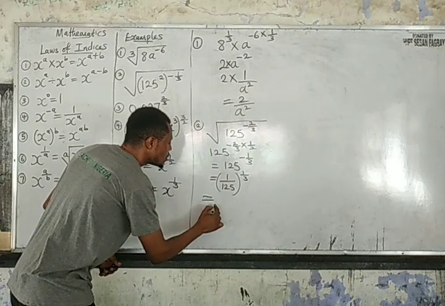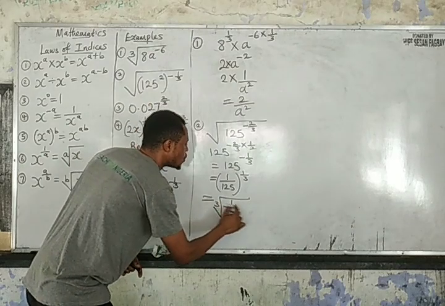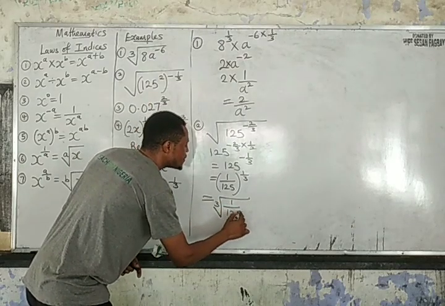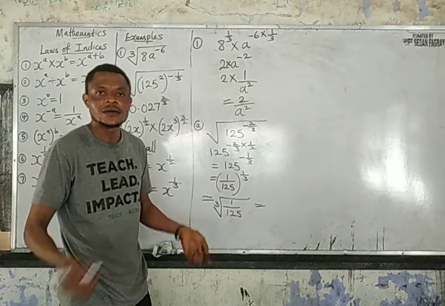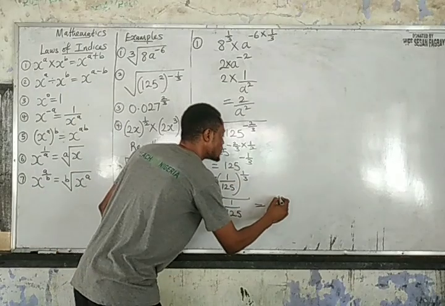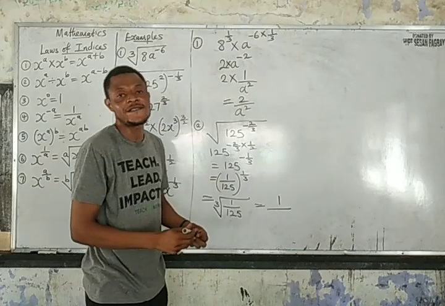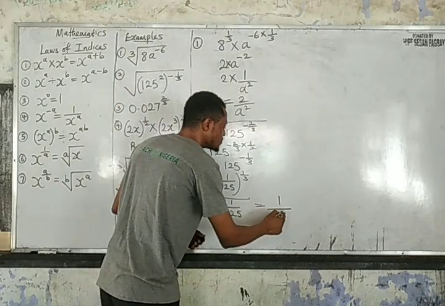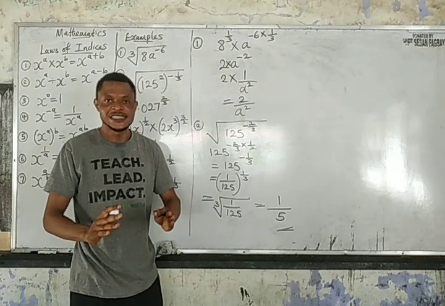So we have the cube root of 1 over 125. The cube root of 1 is definitely 1. 1 multiplied by 1 multiplied by 1 will give us 1. Fine. And the cube root of 125 is 5. That's our answer. Easy.